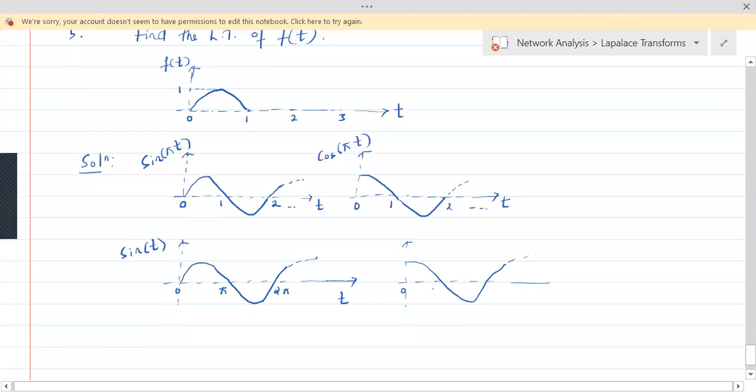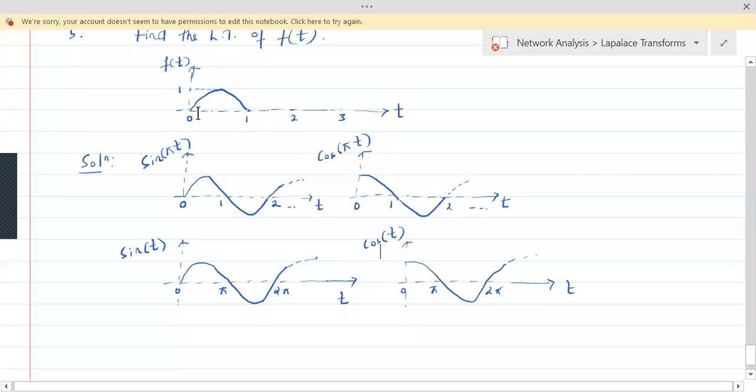If it is 0, pi, 2 pi, and if this is t, this would be cos t. Which among these four has this part is the question. Considering which among these you can build this given f of t is the question. That is how we need to think.